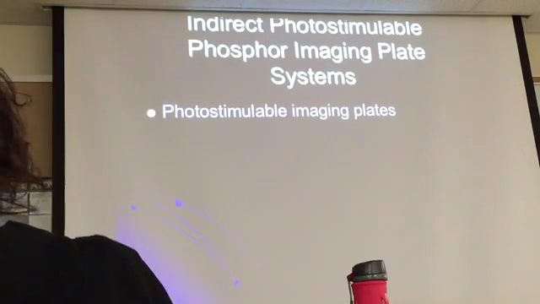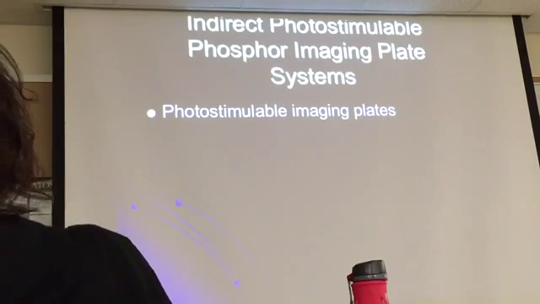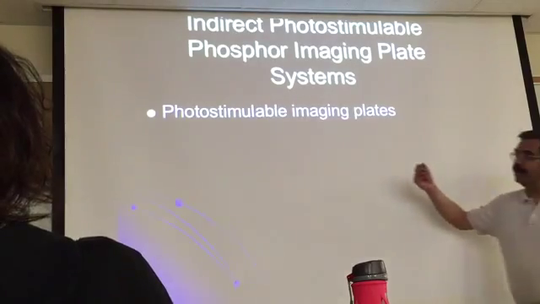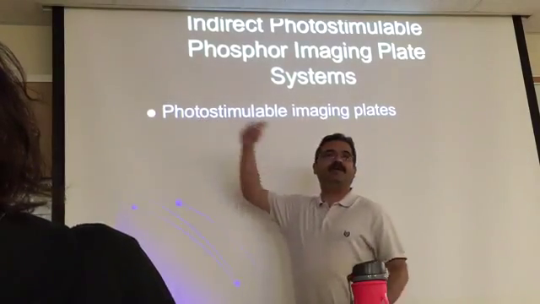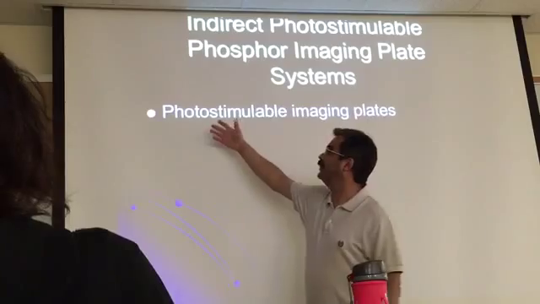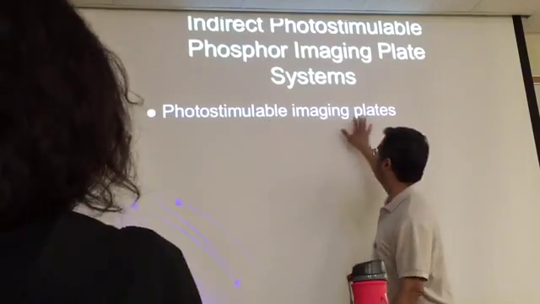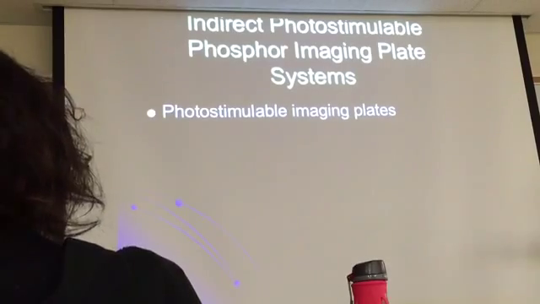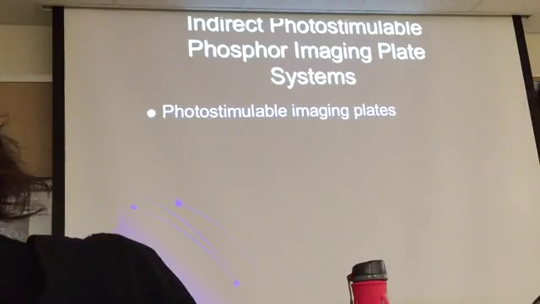And so what you have is photostimulable imaging plates. What's the meaning of that? That's activated by light. That's right, it's activated by photons of light, so it can be photons of any type. So these plates are going to be stimulated, or excited, by X-rays.